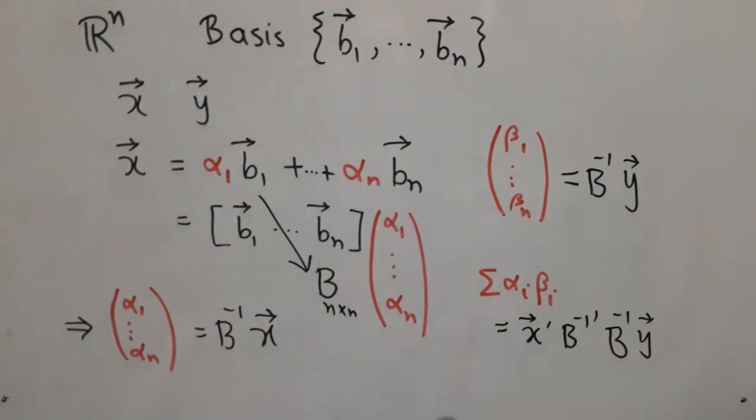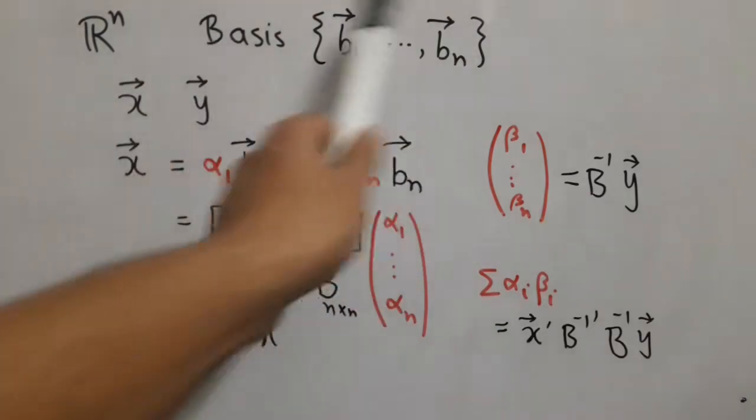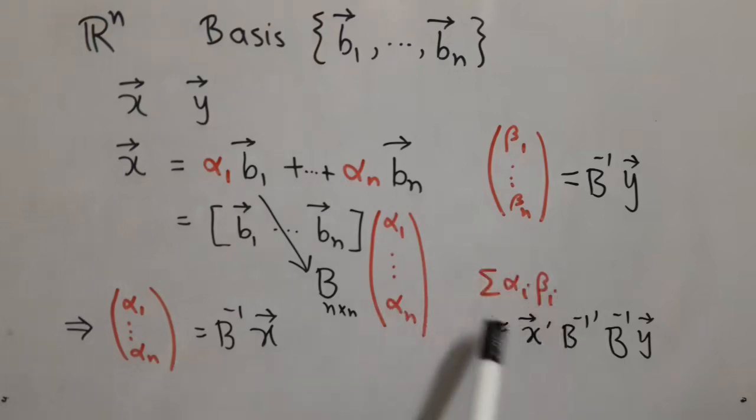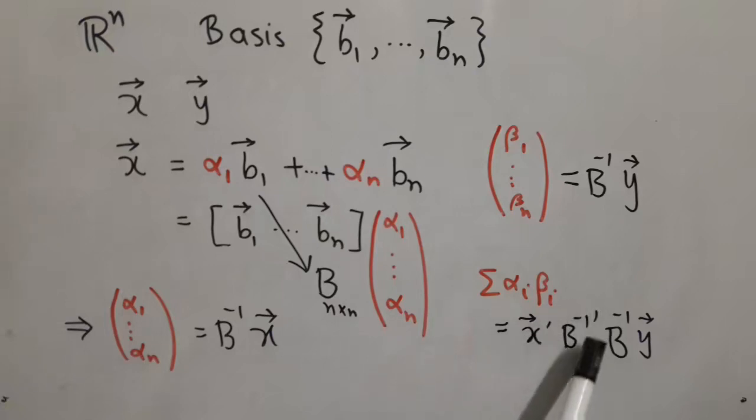Now since I chose an arbitrary basis, this B is an arbitrary non-singular matrix, so B inverse is also some arbitrary non-singular matrix. So I say that my dot product is always going to be of the form x transpose, then some non-singular matrix transpose times the same non-singular matrix, times y.